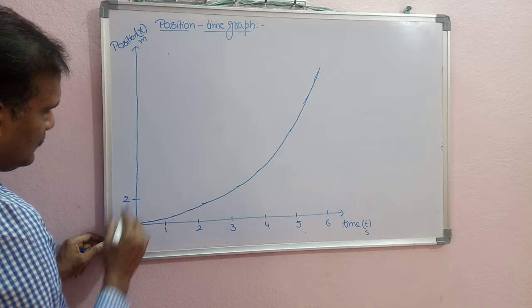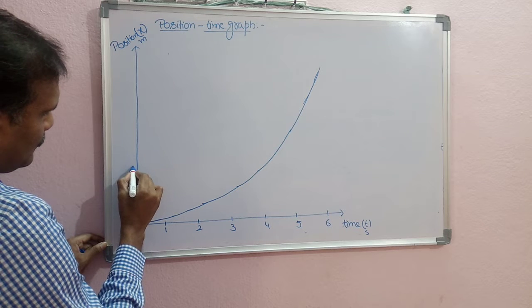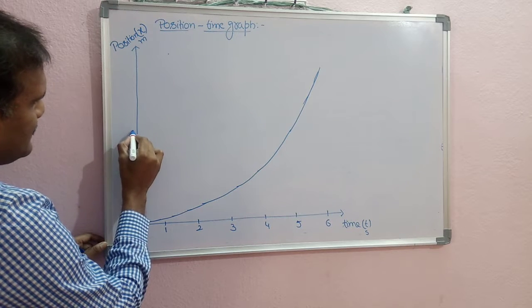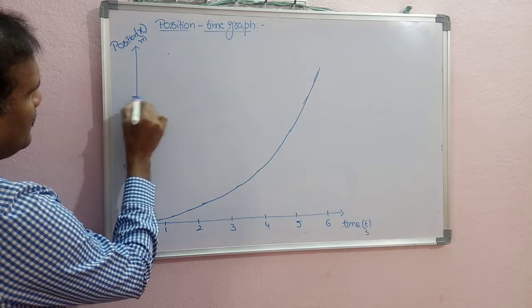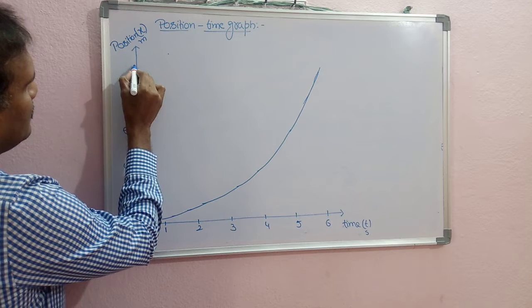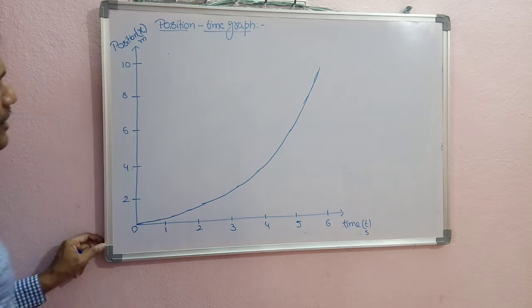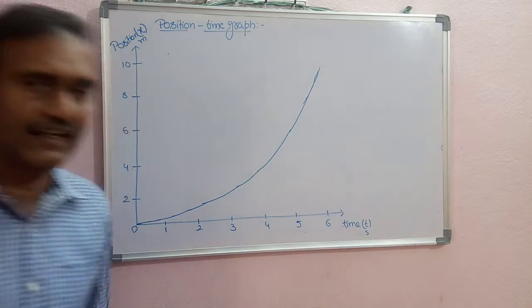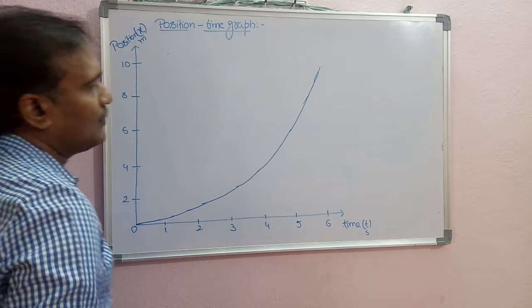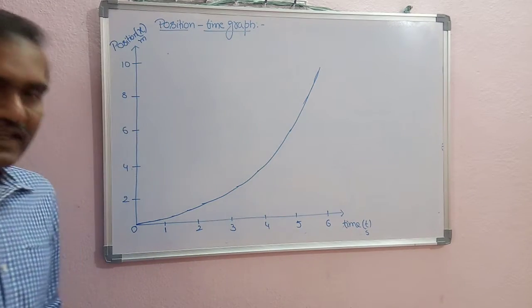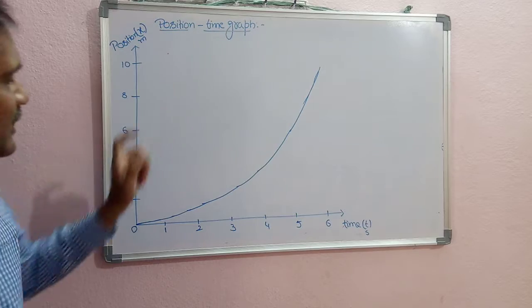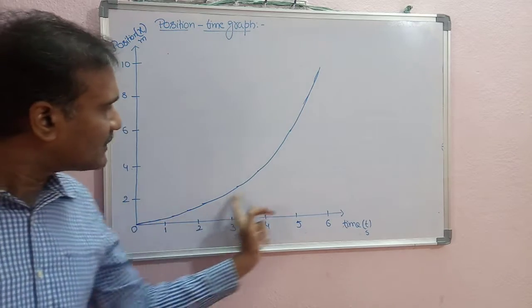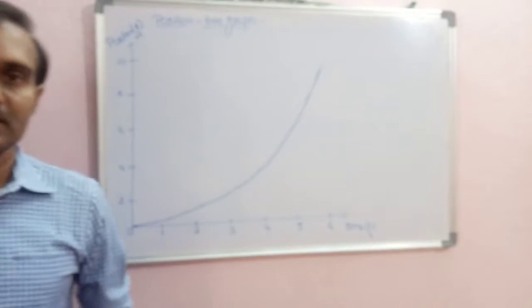And 2, 4, 6, 8, 10. These are in meters, these are in seconds. Now, when we plot the position-time graph, it gives a curve in this manner.